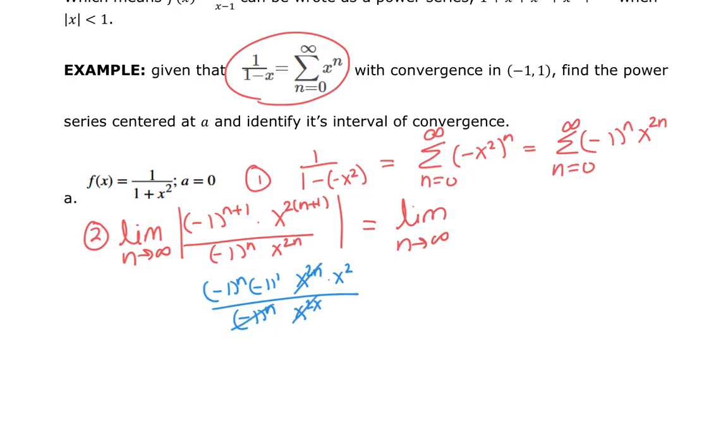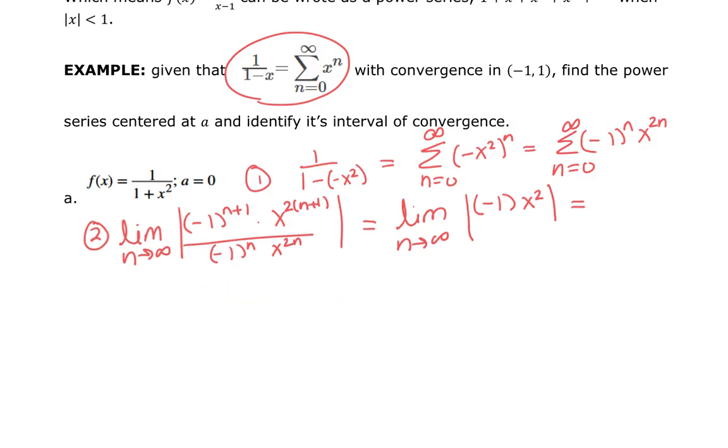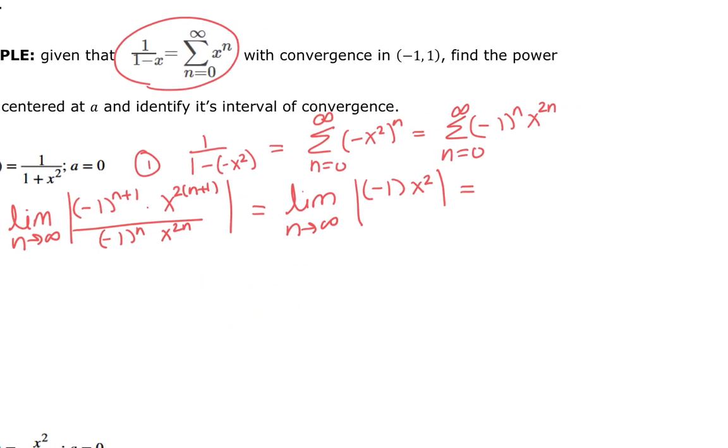These cancel, and I'm left with the absolute value of negative 1 times x squared, and the absolute value of negative 1 is 1, so I have the absolute value of x squared. And so we have the absolute value of x squared is less than 1. That's true if and only if, double arrows mean if and only if, the absolute value of x is less than 1. And therefore my radius of convergence is 1.